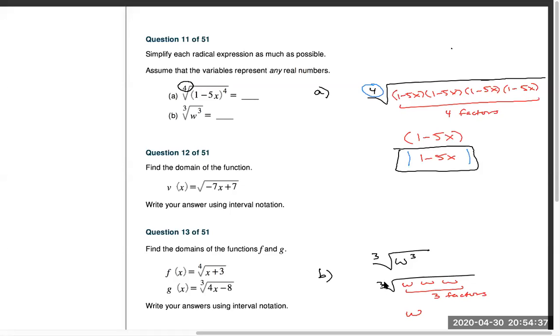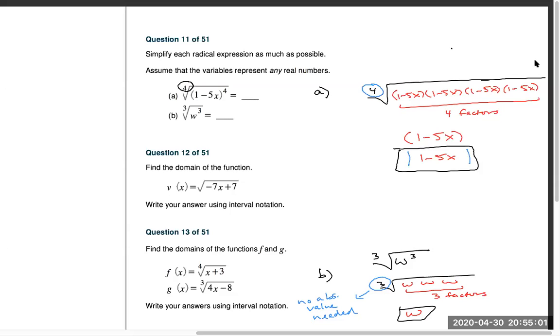And because it's odd this time, no absolute value needed. Okay. All right, that covers number 11.